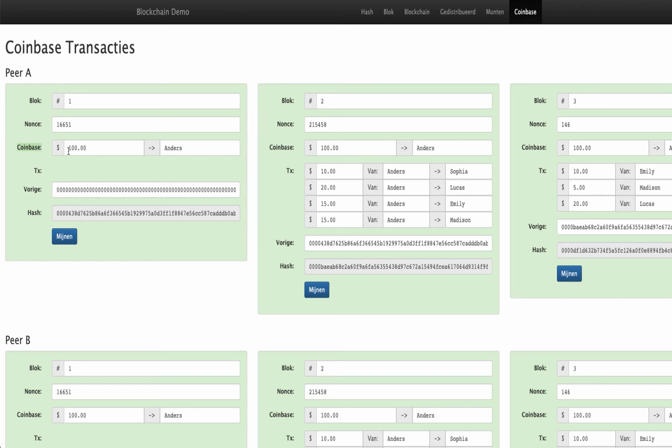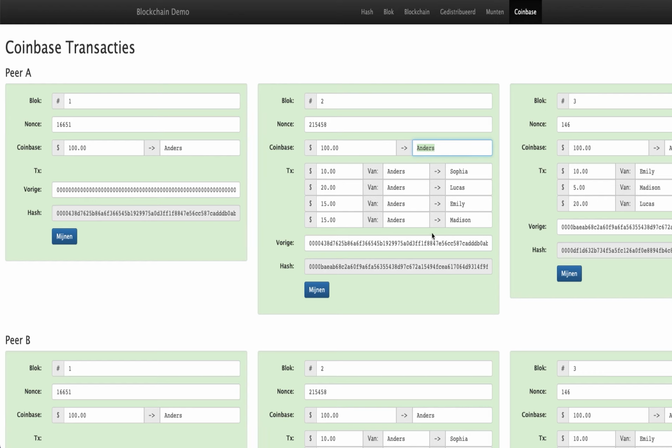In this case we call the token dollar. The block reward is $100 and Anders mined this block, so the $100 goes to Anders. This block is also mined by Anders and the $100 goes also to Anders. So Anders has now $200.